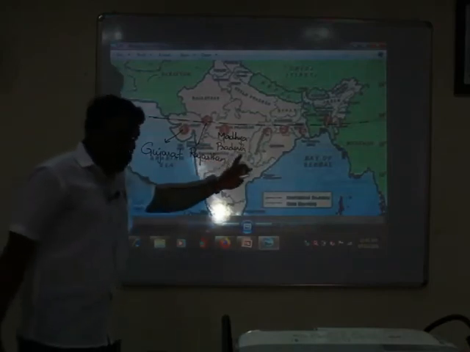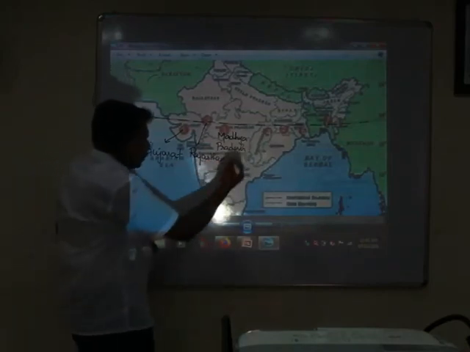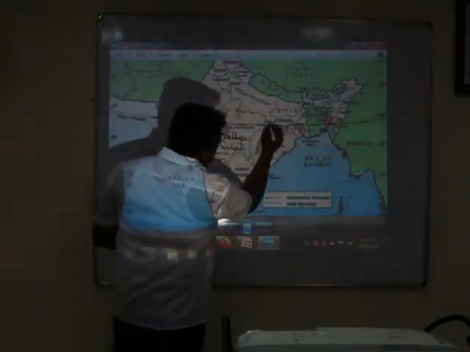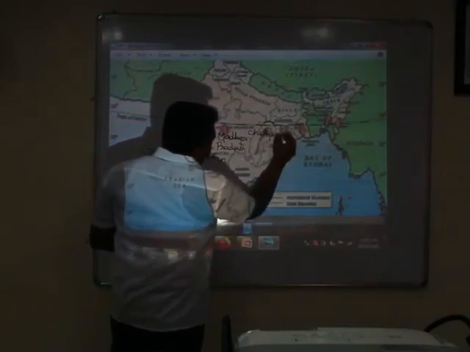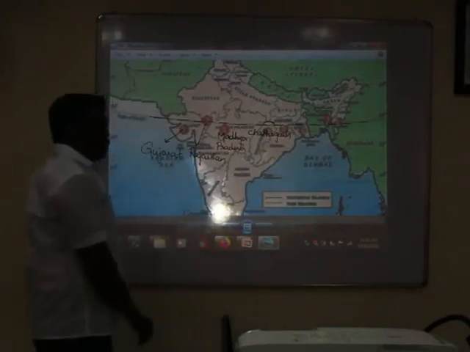The fourth state, only the northern parts of Chhattisgarh.